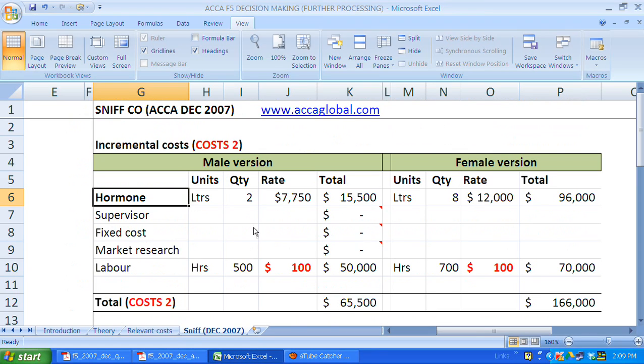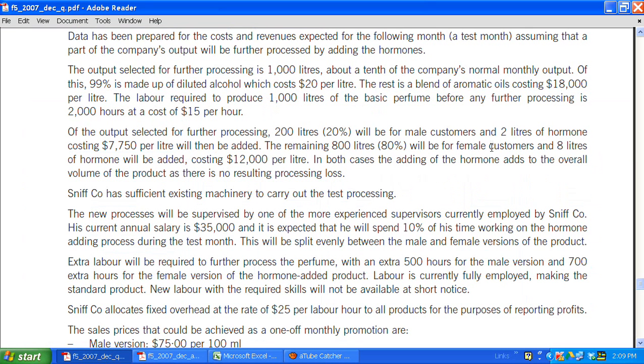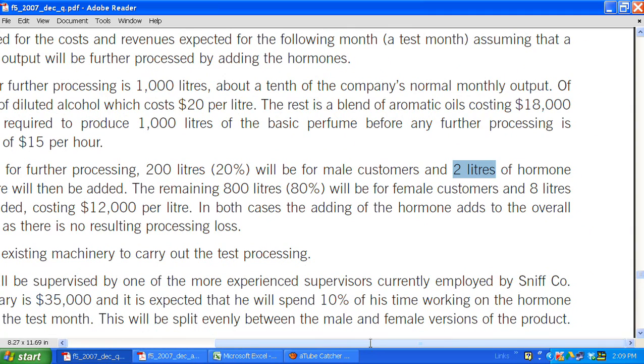As you can see from my layout here, we have 2 liters of hormone. So the 2 is coming from here. It's very important to know where I'm getting these figures from. So 2 liters is coming from there.